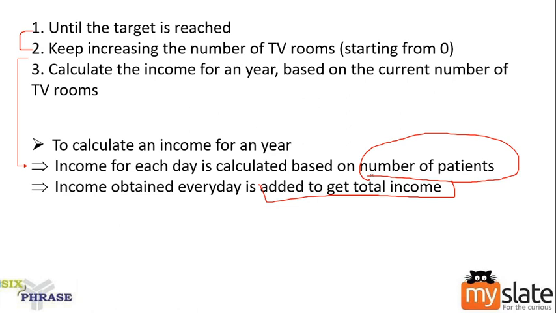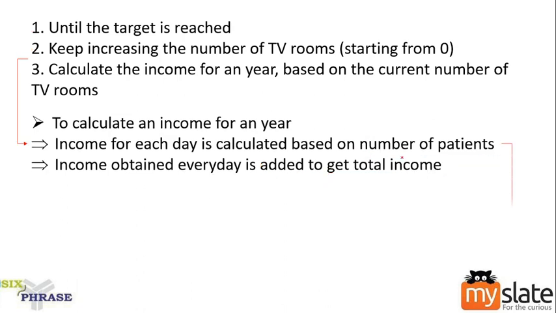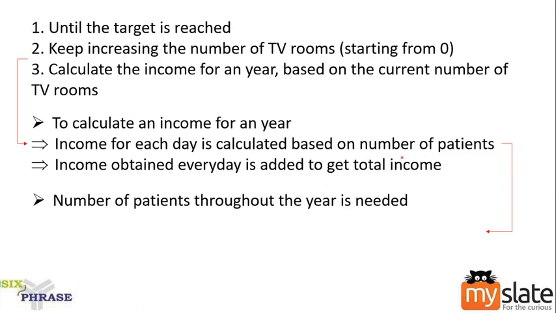So, what should you know? You should know how many patients appear on each day. Can you understand? We need to know how many patients appear on each day. So the third step we'll be calculating here is the number of patients throughout the year. Since we don't have the same number of patients each day, how many patients will be admitted?